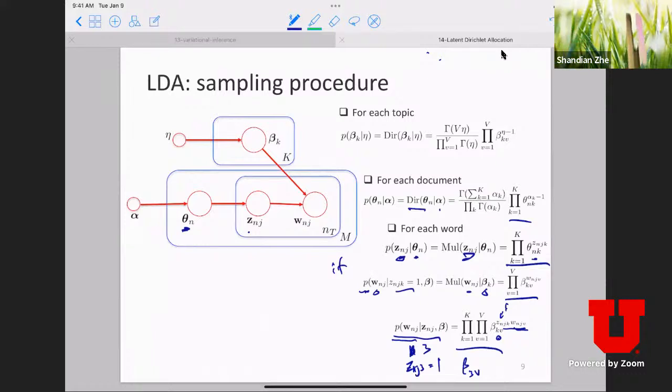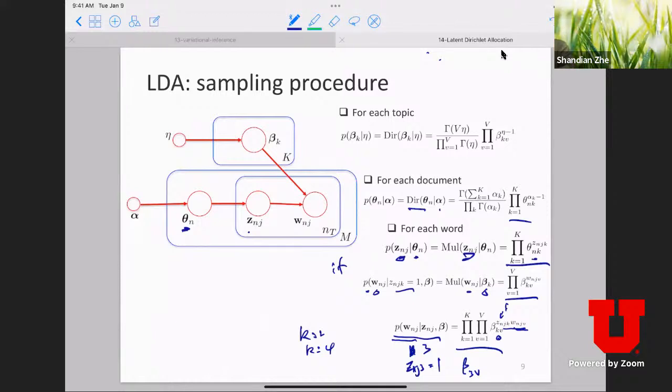And for all the other k, for k equals 2, k equals 5, those kinds of things, because the corresponding z_njk is 0, the whole beta_kv to this power is simply 1. So it automatically encodes the retrieval of the corresponding topic and its word distribution to sample the word.